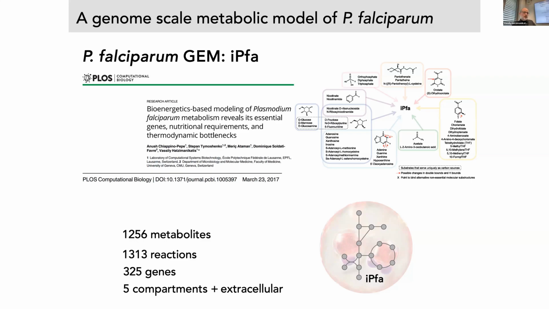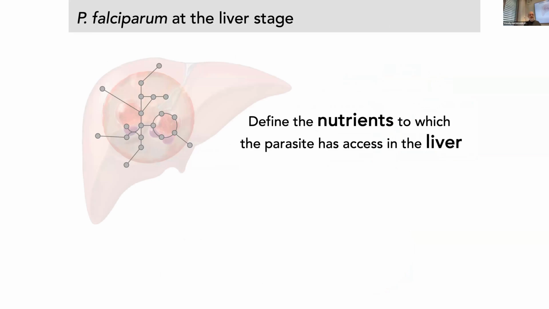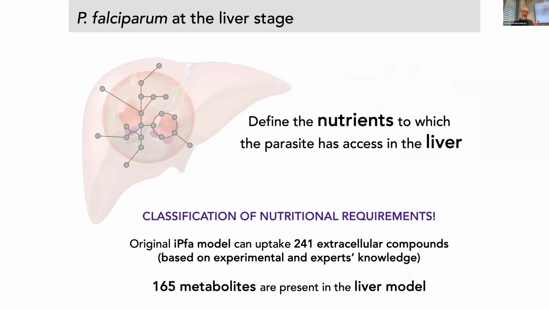Of course, we also model compartmentalization and the extracellular environment. Then we define the nutrients to which the parasite has access in the liver. Because if the parasite model has to be in the liver, then potentially it has access to all the metabolites that are in the liver.